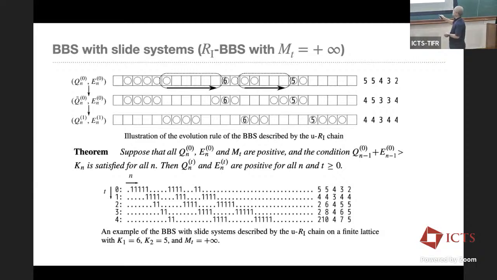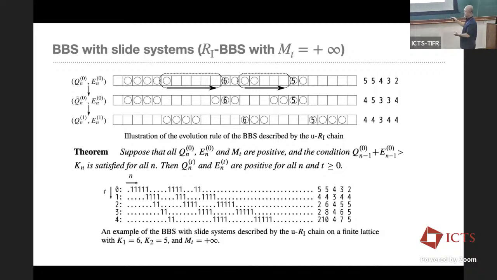So here 6 means the left-hand side, 1 2 3 4 5 6, until 6 boxes. If some ball has entered into this range of empty boxes, this ball can be put into the second block. And here you see also 5.